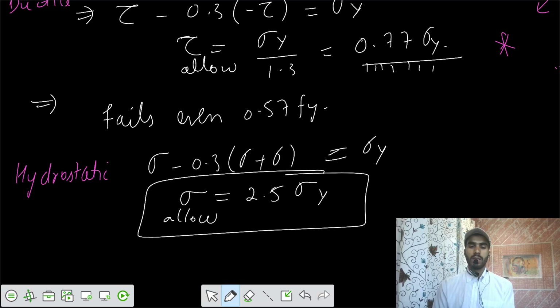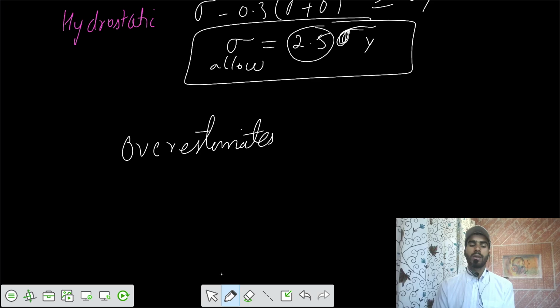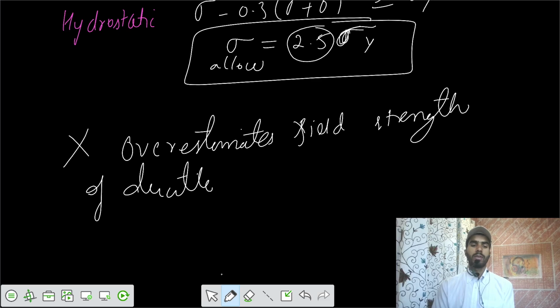That means it overestimates: if the material yields at sigma y, it says you can allow 2.5 times that. It overestimates the yield strength of ductile material. So it's not suitable for ductile material, not for hydrostatic.